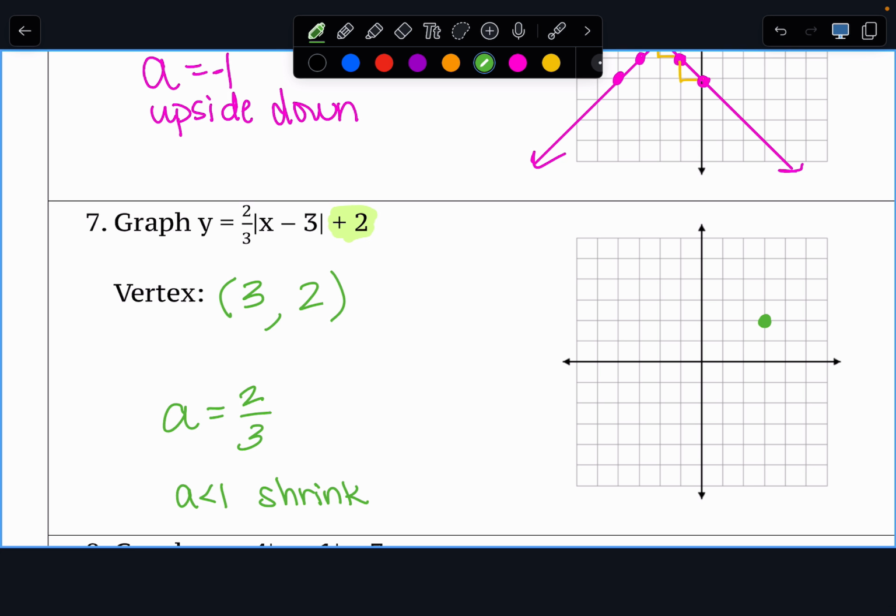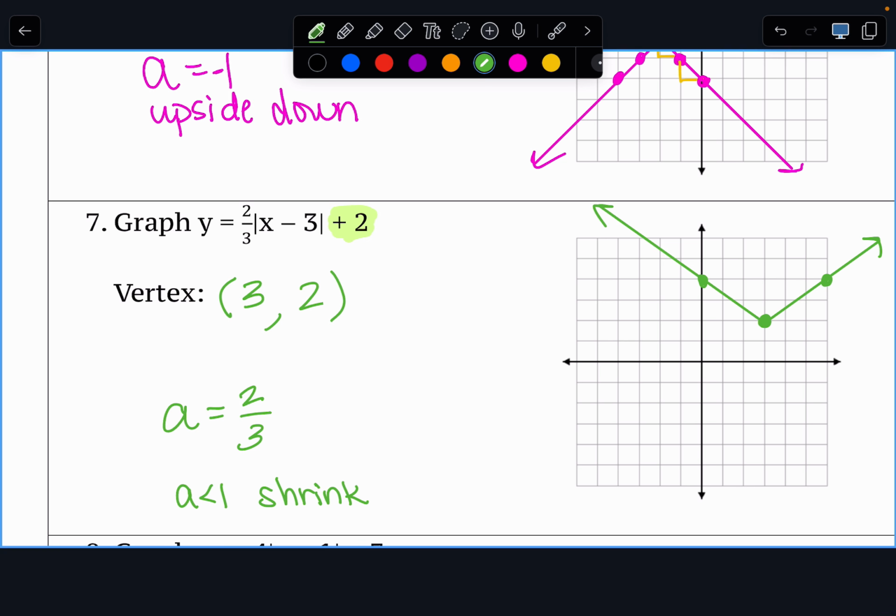So watch this. If I count my slope up 2 over 3, there is half of my V. If I count my opposite slope up 2 over 3, just like we would with slope.